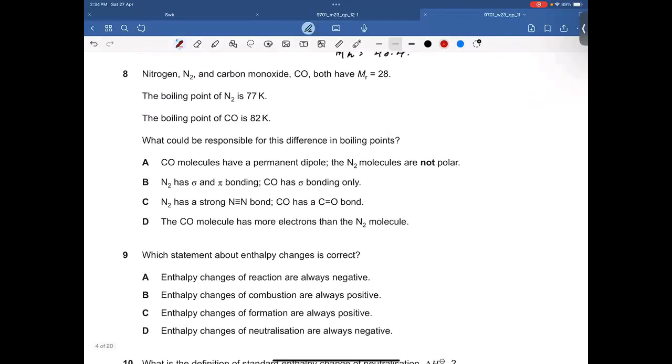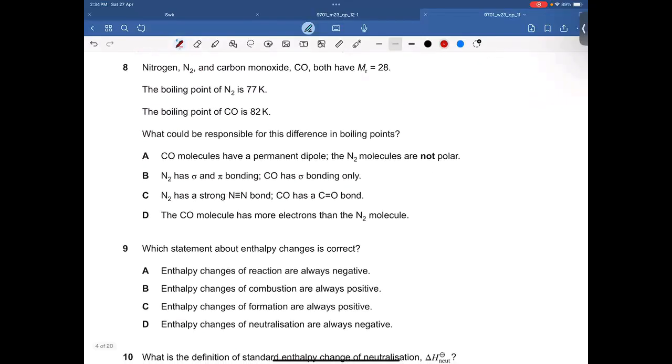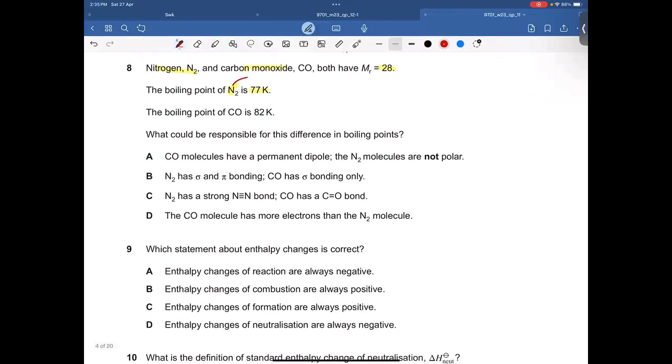Question number 8. Nitrogen and carbon monoxide both have MR 28. The boiling point of N2 is 77 Kelvin. By the way, nitrogen is also non-polar.